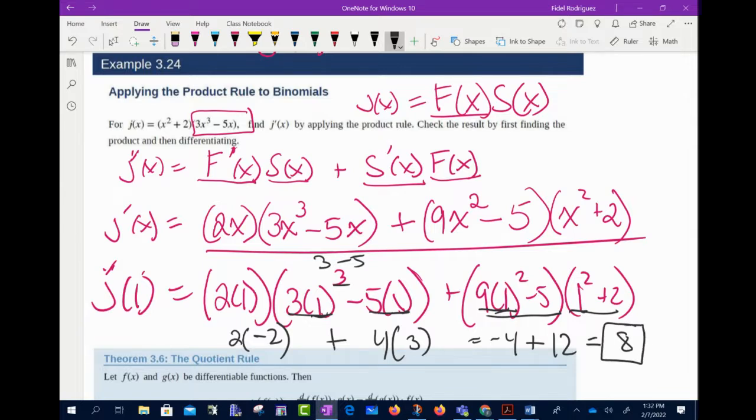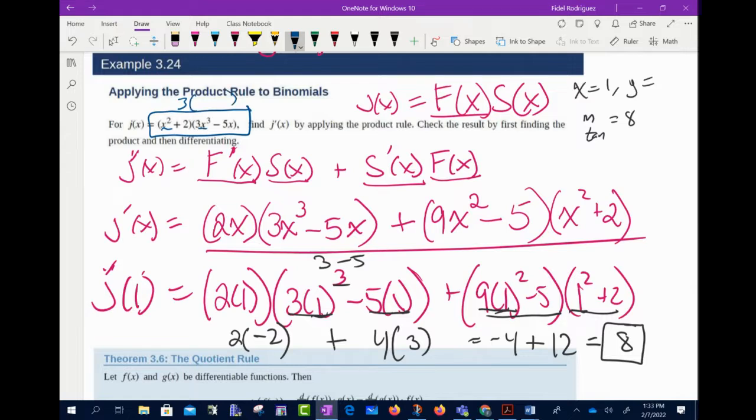Okay. So again, what that's telling me is that when x is equal to 1, the slope of the tangent line is equal to 8, right? Now, could we find, say, the y value when x is equal to 1? Wouldn't we come back right over here, and everywhere we have the letter x, we would plug in what number again? Okay, let me ask you a question. What's 1 squared? What's 1 plus 2? Okay, there's that number.